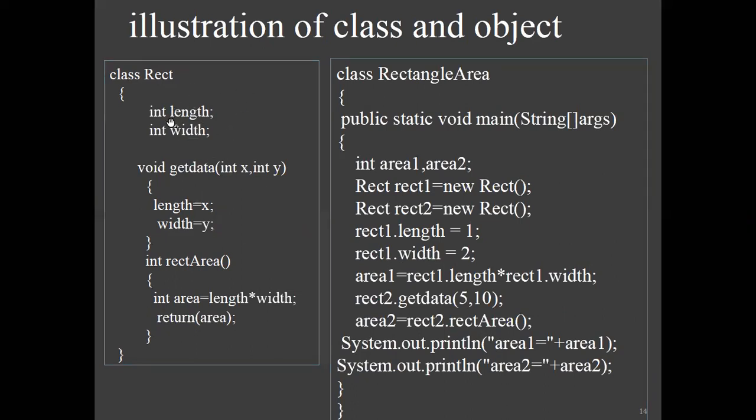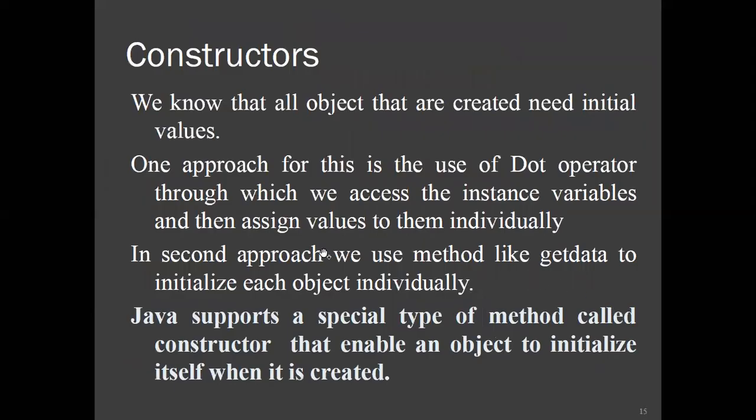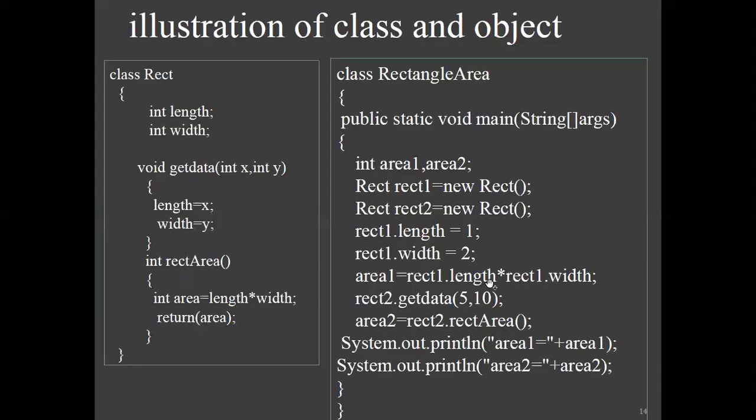I can initialize them directly with the help of the dot operator. One approach is to use the dot operator through which you can access the instance variables and assign values to them individually. In the second approach, we use methods like getData to initialize each object individually, as we did in the previous slide. These are called instance variables and instance methods.